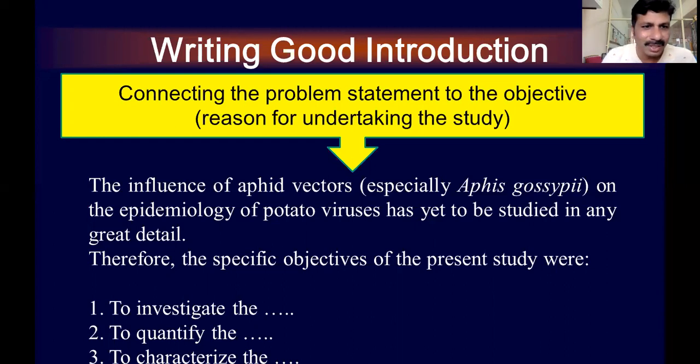Say objectives are to investigate the, to quantify the, to characterize the. I'm giving the way you can start the objective titles. You can modify depending on your requirement, but it is a general way of giving objective titles.